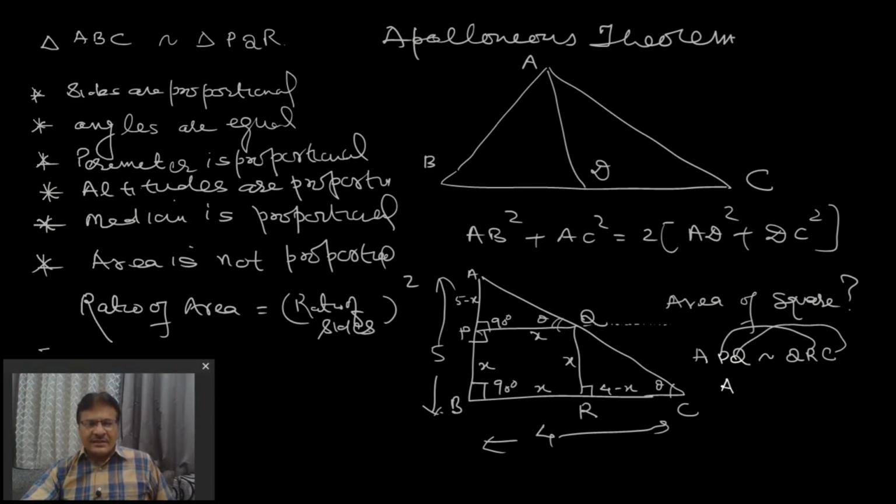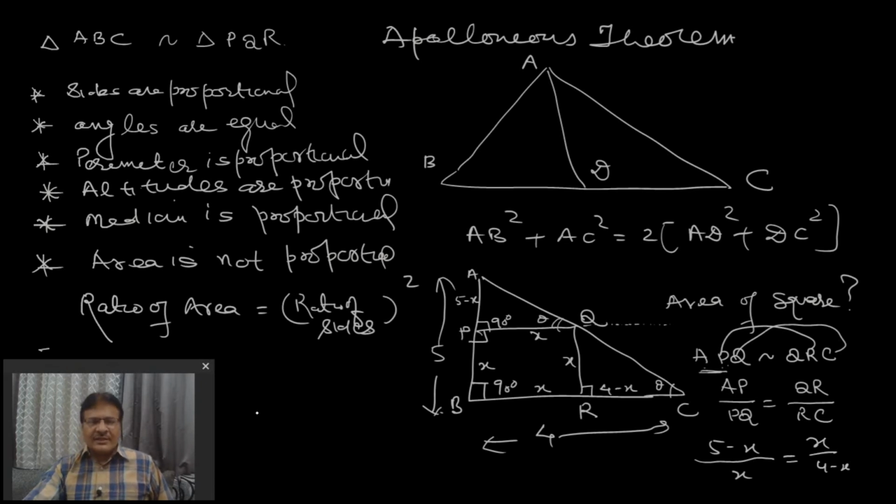So can I say AP divided by PQ? Proportionality means if I take AP upon PQ, first and second, then here also we should take in the same way: QR divided by RC. What is AP here? 5 minus x, divided by PQ, which is x, equals QR, that is x, divided by RC, that is 4 minus x.